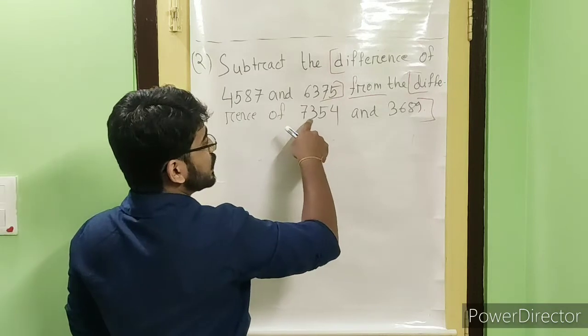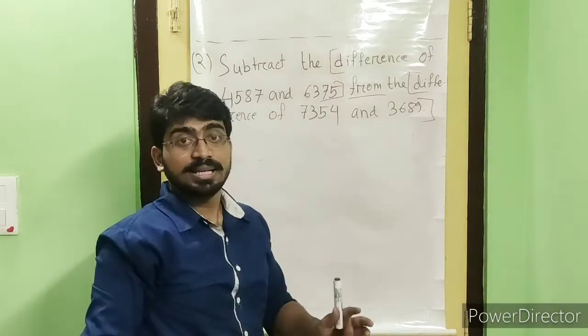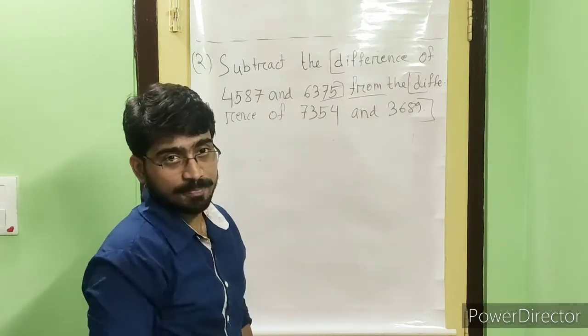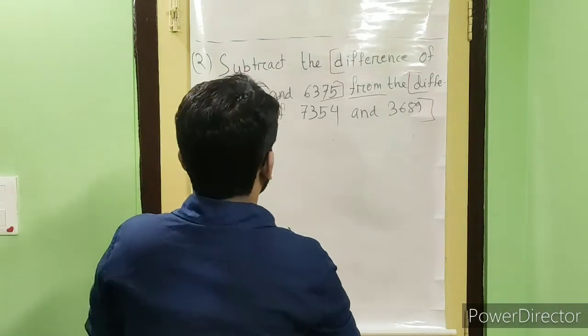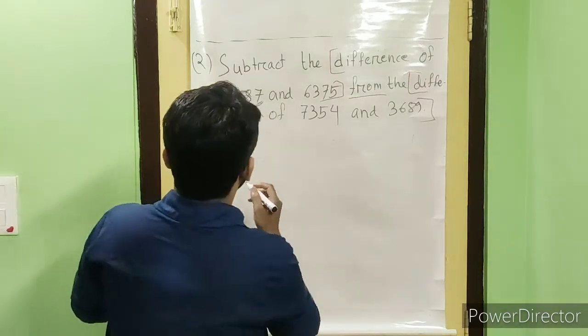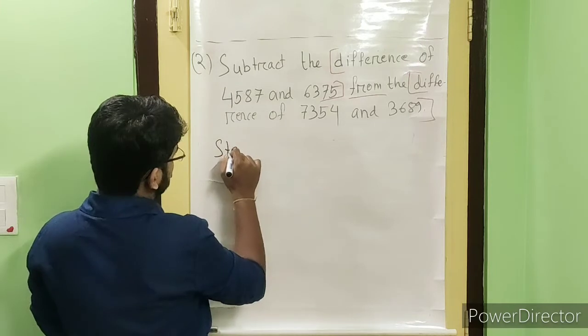Difference of 7354 and 3689. So we will not wait. We will move to the next step. Step number 1.